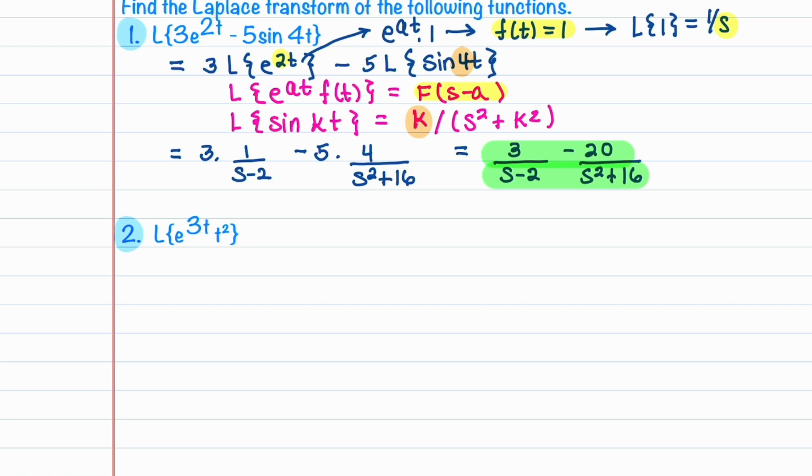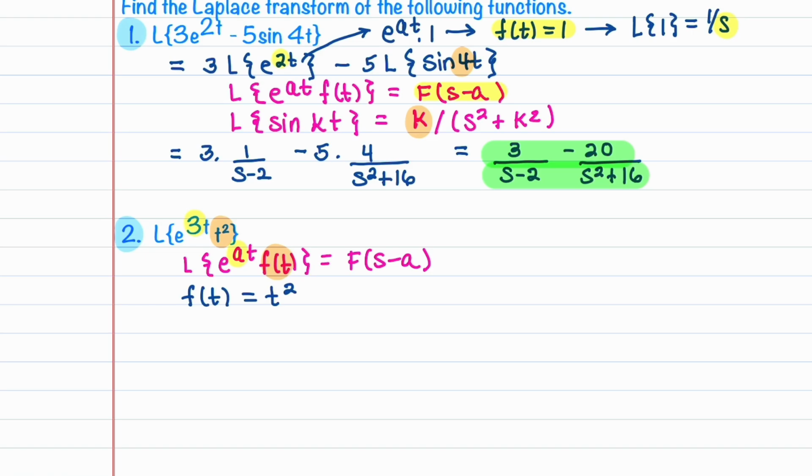We're going to use a formula that we used in our first example, and that formula is the Laplace transform of e to the at times f of t is equal to F of s minus a. Our a is equal to 3, and then our f of t is equal to t squared.